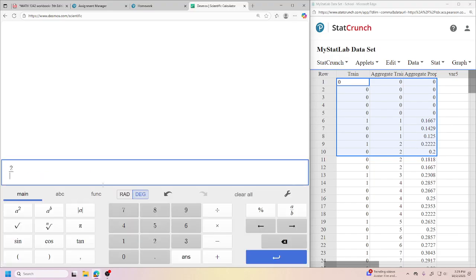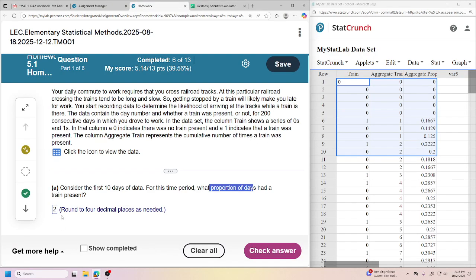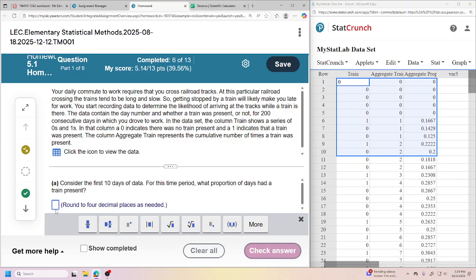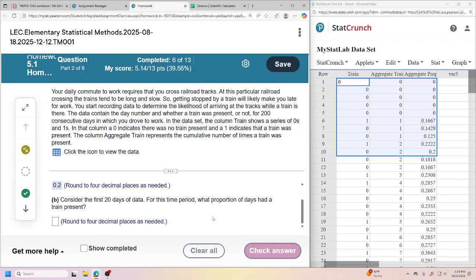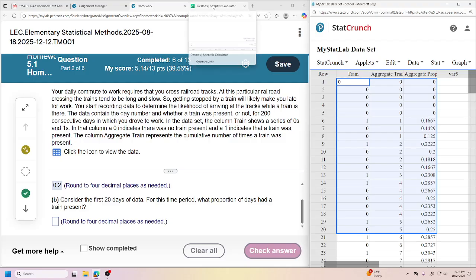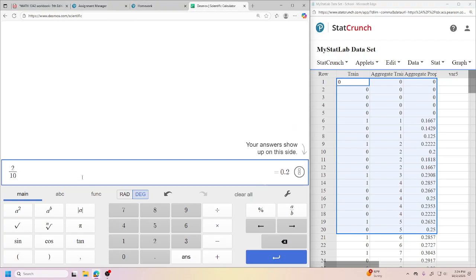So we had 2 out of 10. That's what they were wanting. Now, for the first 20 days. So again, I'm highlighting all these 20 here, but really I'm just looking at that number. 5. 5 out of what? 20 this time. 5 out of 20. 0.25, 1/4, like you said.